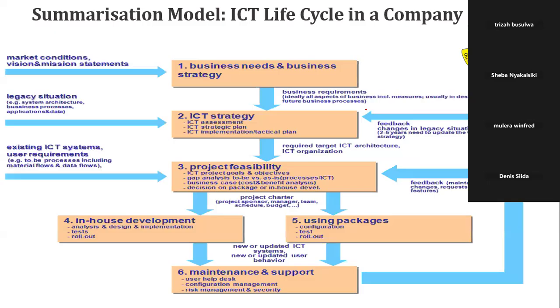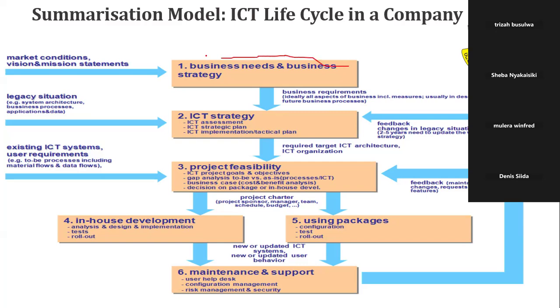So we want to look at the ICT life cycle in a company, and some models that help us in the planning process. This is a summarization of the ICT life cycle in a company. It starts, if we go back to the scenarios that we looked at, with business needs and business strategy, where we get our goals and objectives.